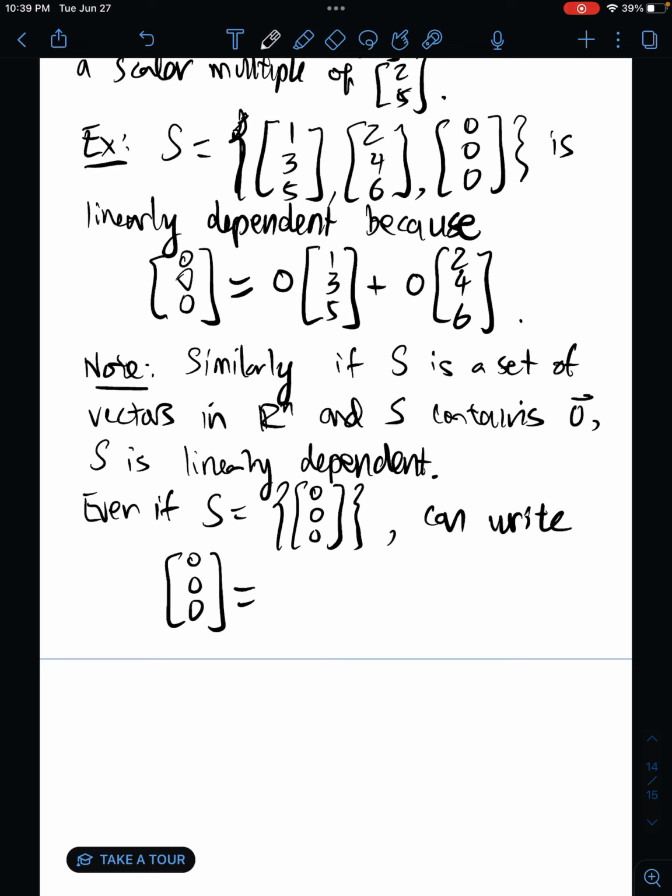No, you can't write (0, 0, 0) that way. I mean, you can write it with a nonzero coefficient, but then you could have done the same thing for all the other vectors, right? So, okay, maybe an exception has to be made for the set containing just (0, 0, 0).